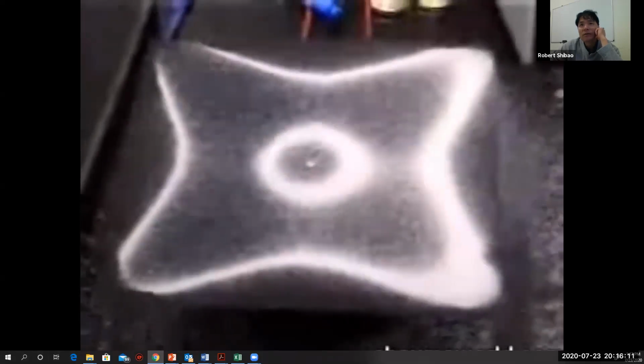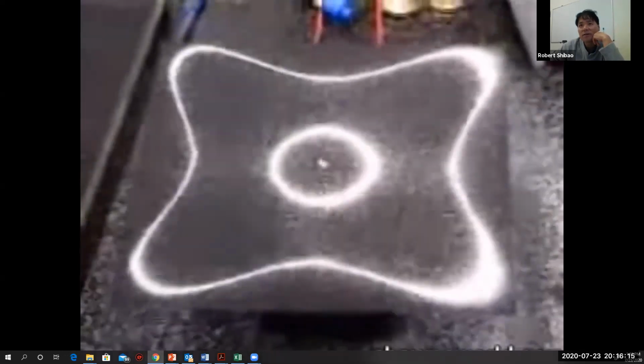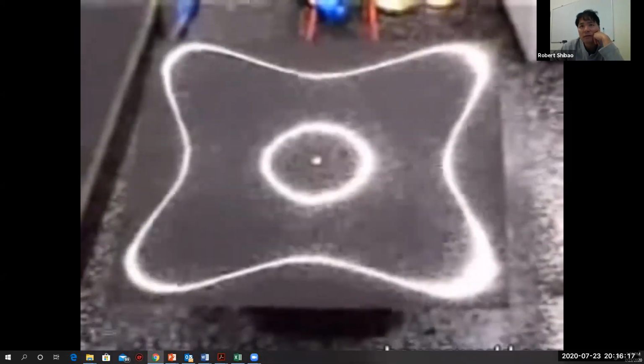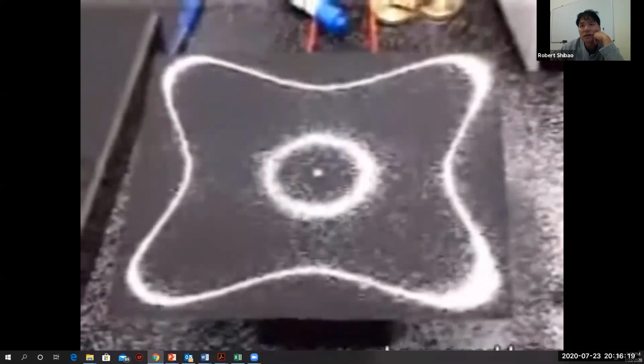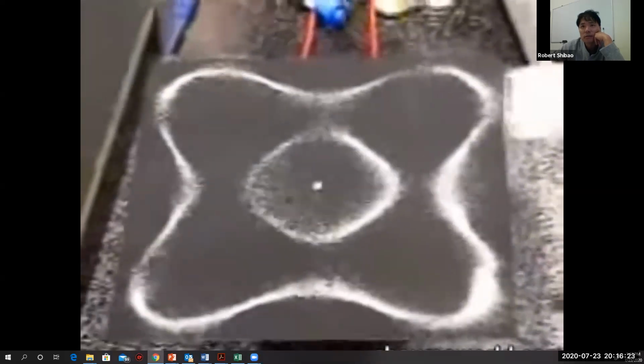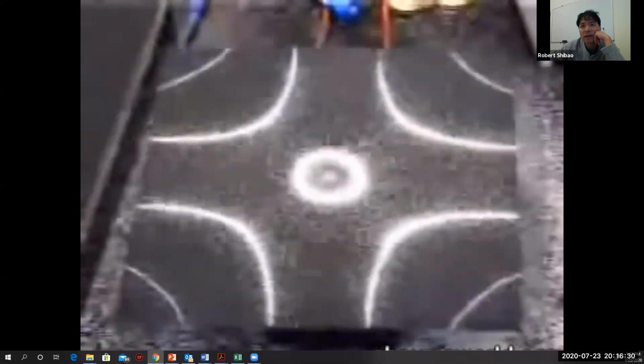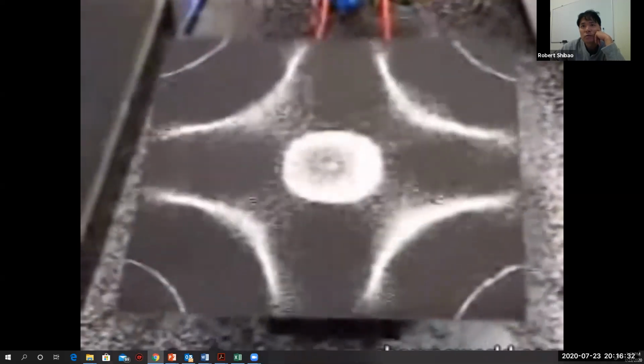Okay, this is an allowed energy. Do you see there's going to be peaks and valleys in the wave. That's a 2-dimensional wave. And the sand's going to collect in the valleys. Forbidden, forbidden, forbidden, allowed. Now that's allowed. So that's an allowed waveform.